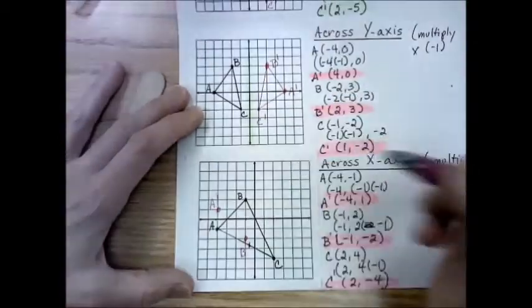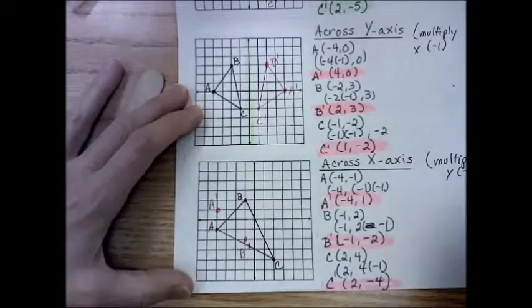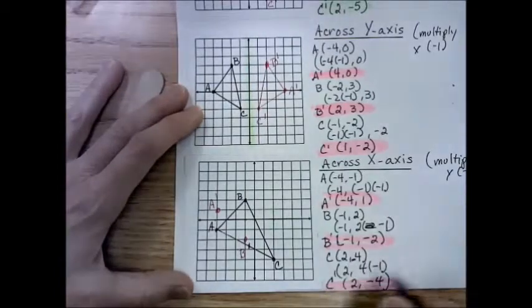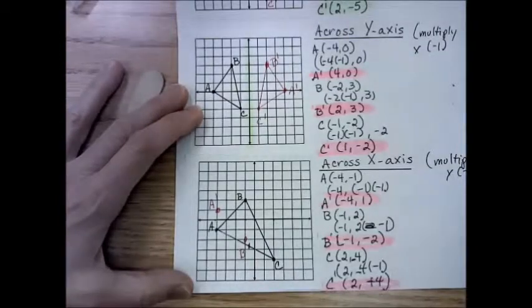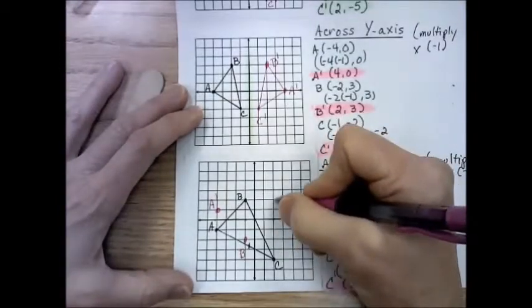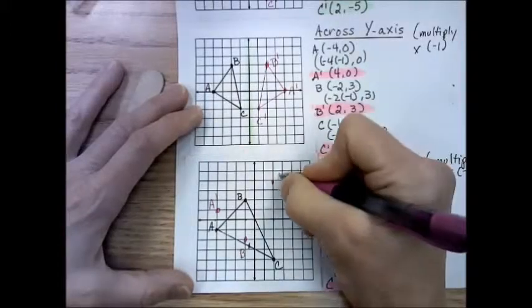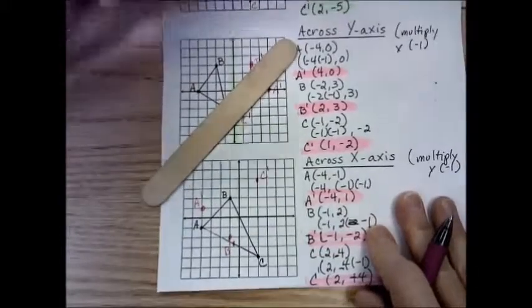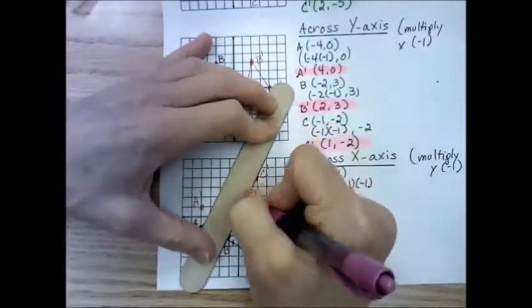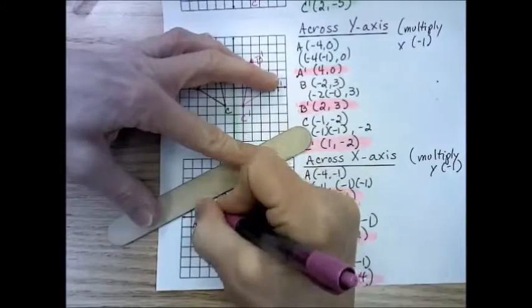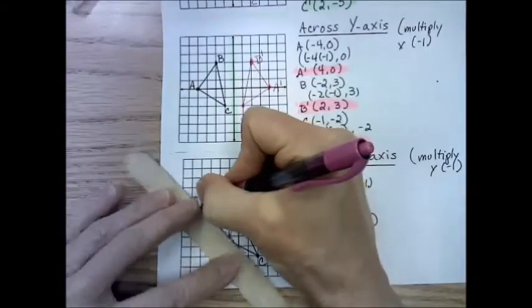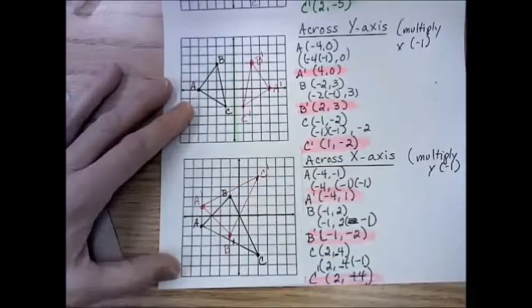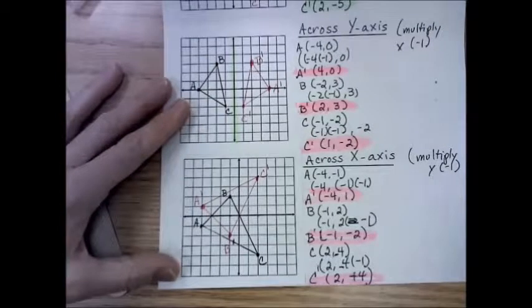Oh, no, I'm sorry. Oh, you know why? C was negative 4, so negative 4 times negative 1 means that was positive 4. Sorry about that. So 2, and then up here, so C prime would be here. And when we go ahead and connect our vertices here, we have a mirror image that looks like that.